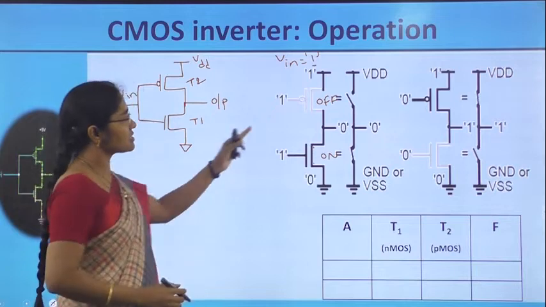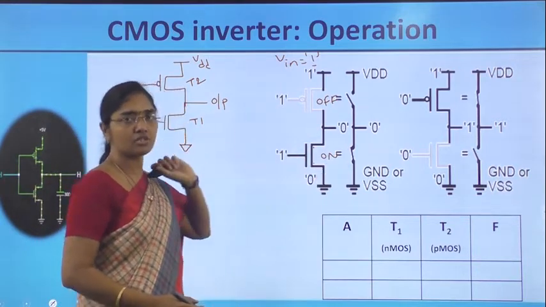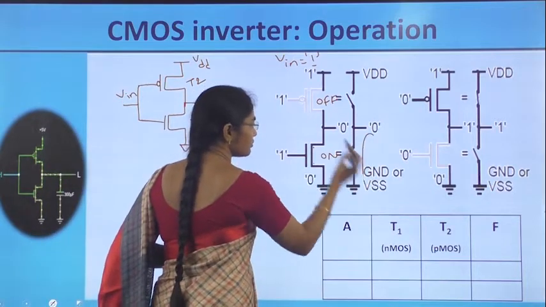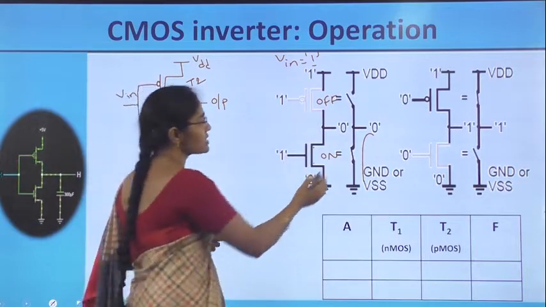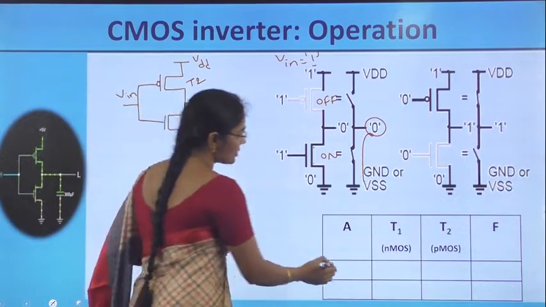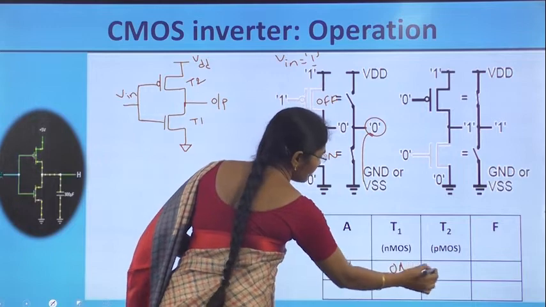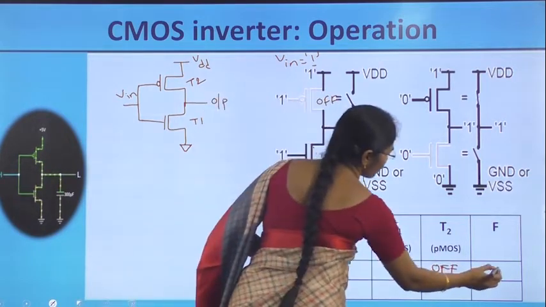Off means transistor is represented as open, on means transistor is represented as short. Then output is having a path to the pull down and there is no path to the pull up. Therefore, output is having a value of logic 0. So that means when Vin is equal to logic high, NMOS transistor is on, PMOS transistor is off. Therefore, output is equal to 0.